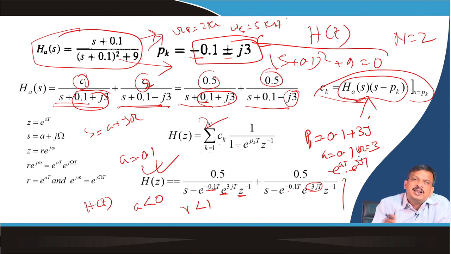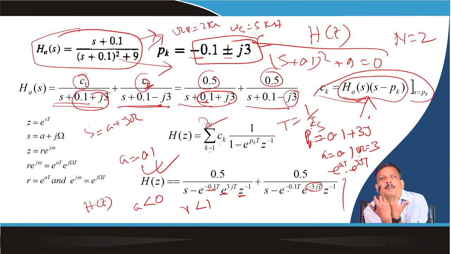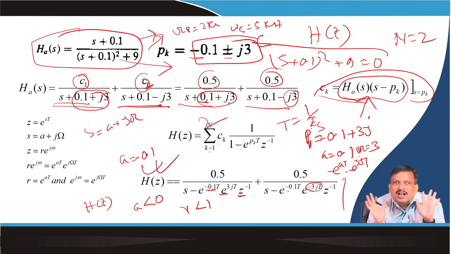Then, to avoid aliasing above 5 kilohertz, T will be 1 by Fs, and Fs should be more than 10 kilohertz. Okay, so that only the stop band is aliased, but at least the transition bandwidth is not aliased.